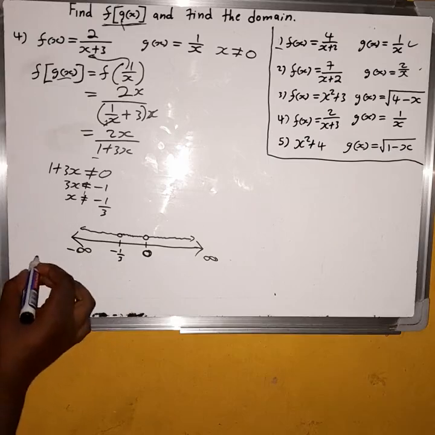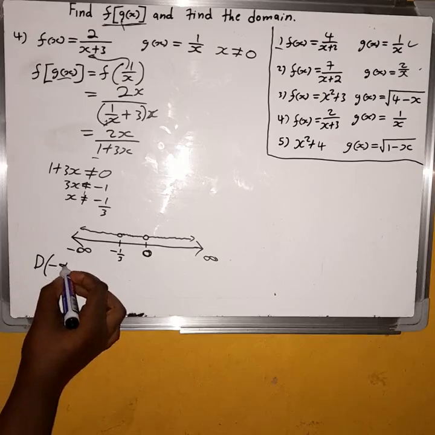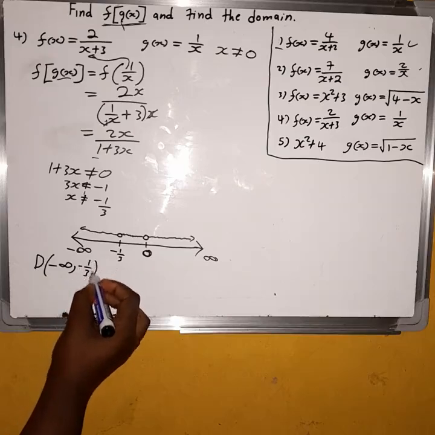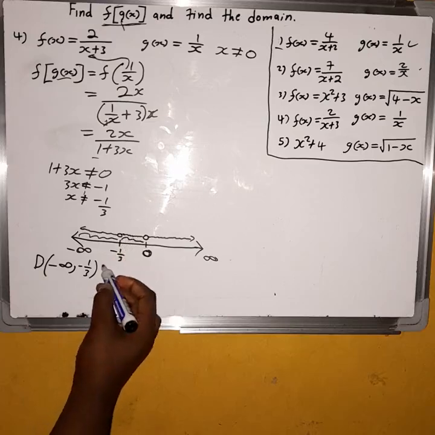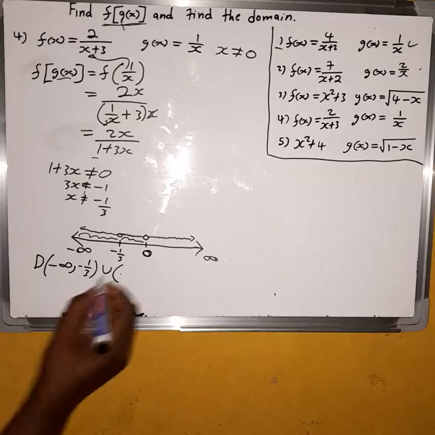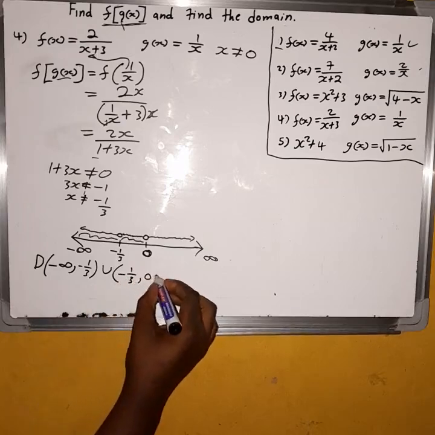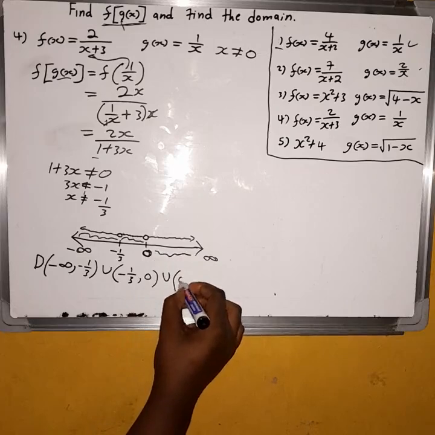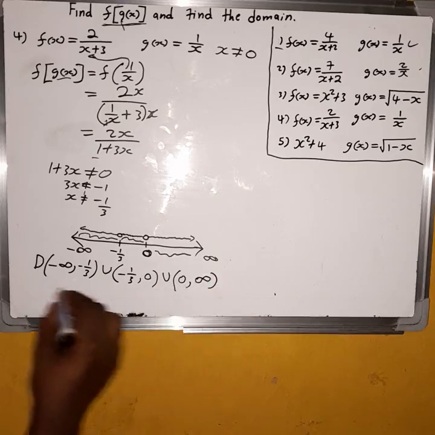Then our domain is negative infinity to minus 1 over 3, right, then from minus 1 over 3 to 0, and from 0 to positive infinity.